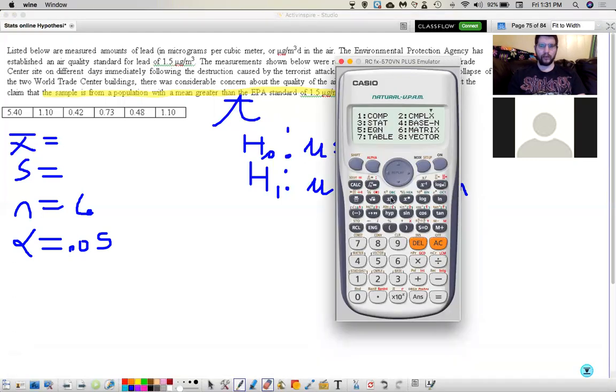So I'm going to go to mode, that one variable. Mode, number 3 for stat, number 1 for one variable. Type this stuff in there.